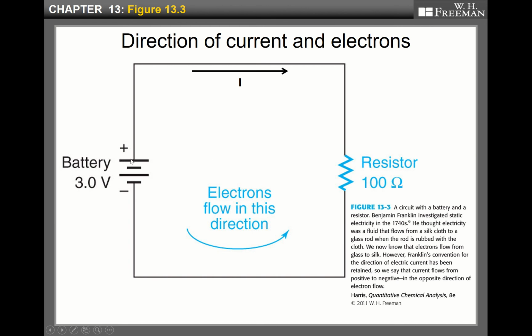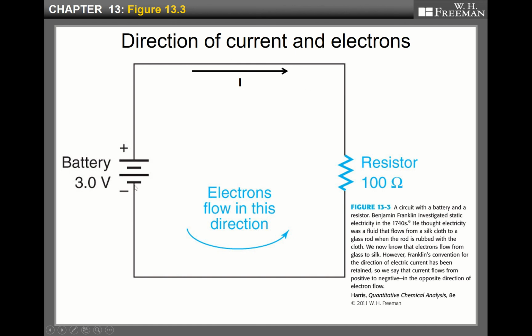Current flows from this positive terminal, through the external circuit, and then goes back to the battery. That's the definition of current flow. It comes from this plus terminal. But what is the electron direction? Exactly opposite.